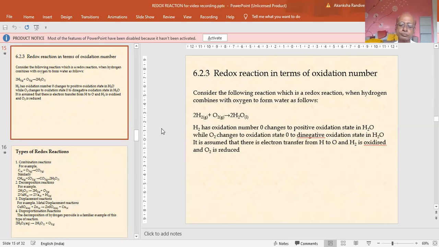Now, the next part of the chapter that we have to study is redox reactions in terms of oxidation number. Redox reaction in terms of oxidation number.